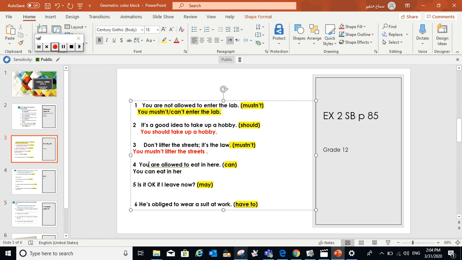Okay, see, you replaced are allowed to with can. And don't here, and it's the law, we replace it by mustn't. Okay, it's a good idea, should, etc. You can eat in here.